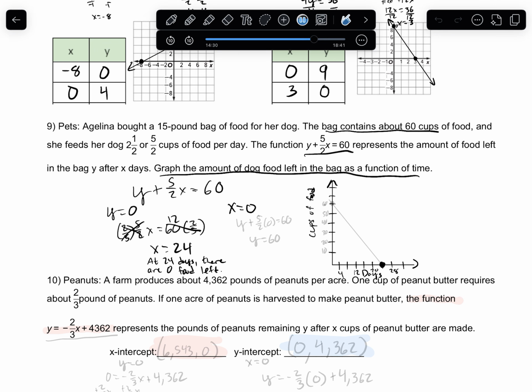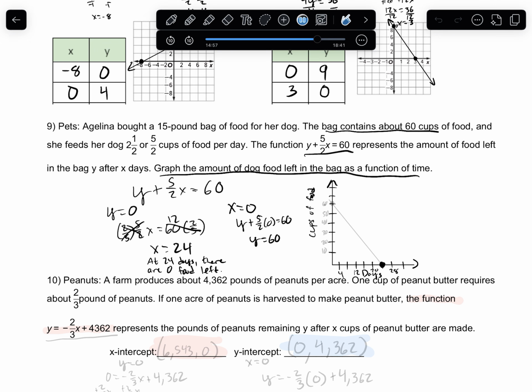Well, what if x equals 0? So then really I have y plus 5 over 2 times 0 equals 60. So y equals 60. So that makes sense. When she bought the food for her dog, it came with 60 cups of food, in which case that would be equivalent to 15 pounds.